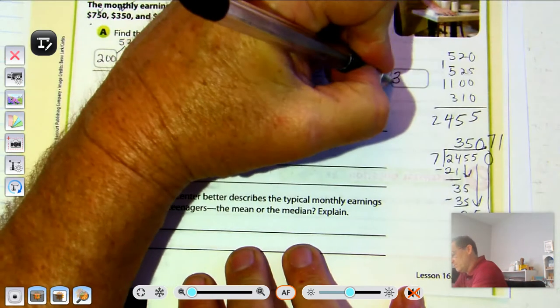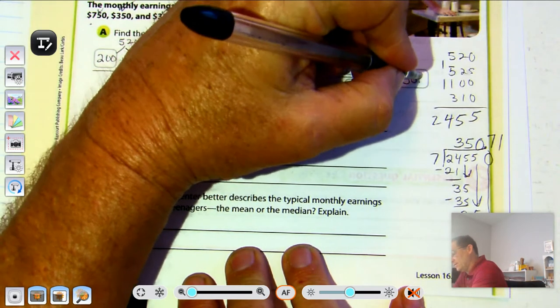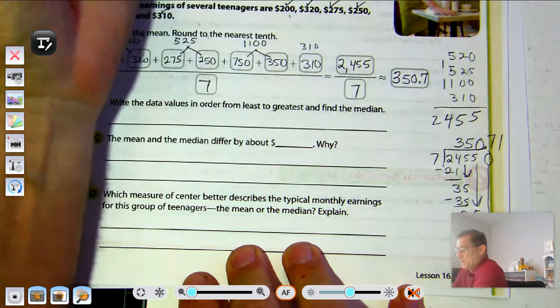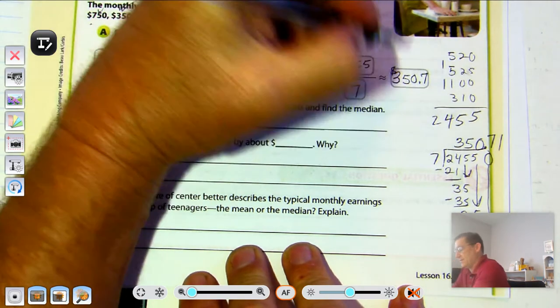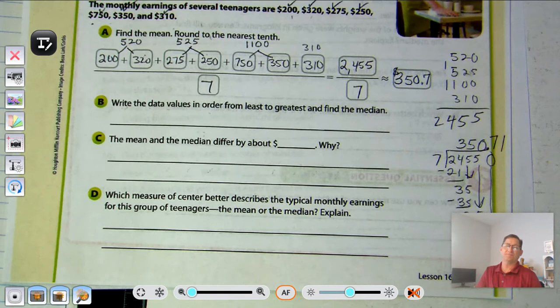So we're going to say it's about $350. It would be 70 cents, but $350 and 7/10. Write the data values in order from least to greatest and find the median.